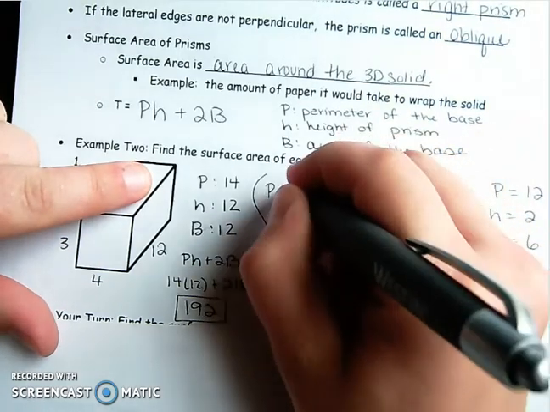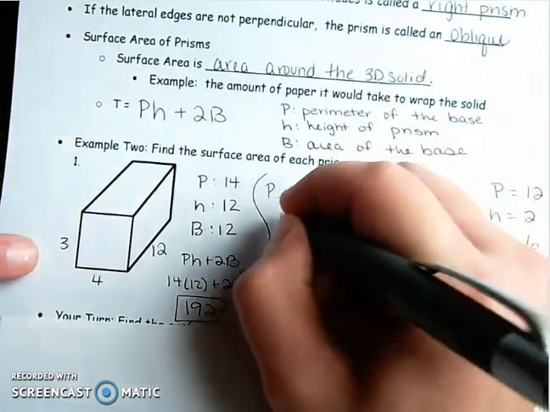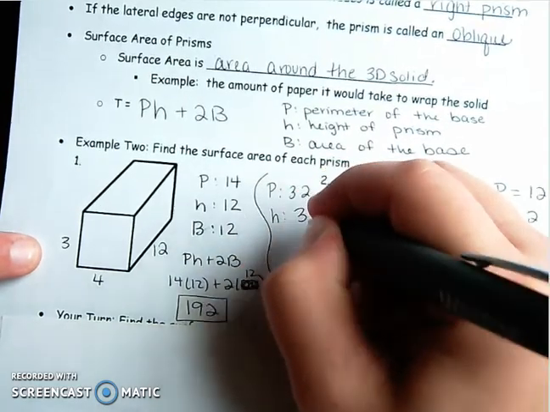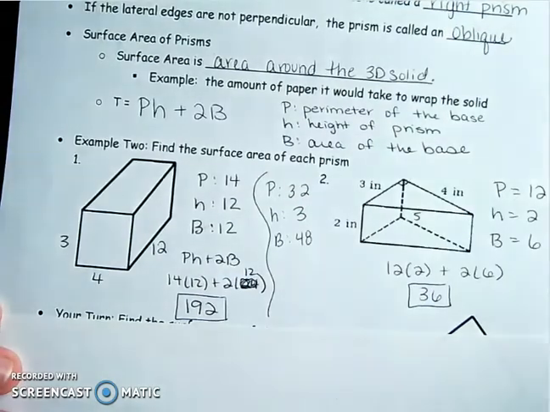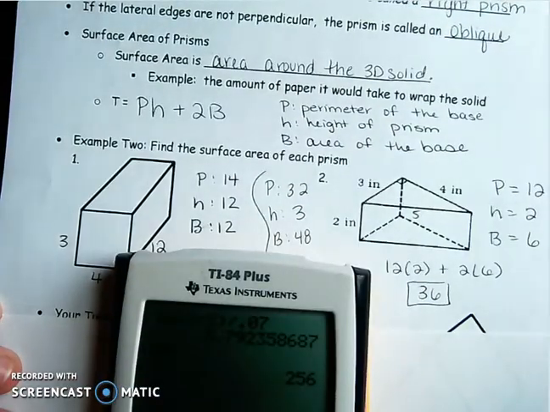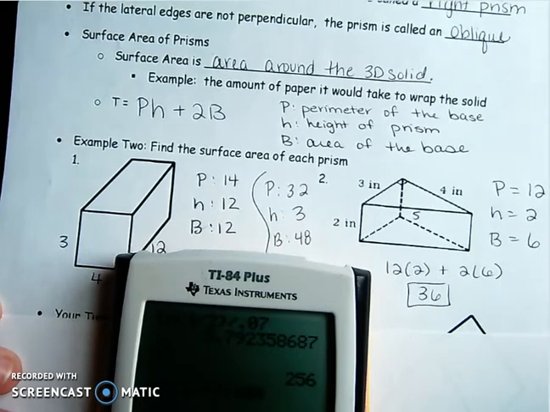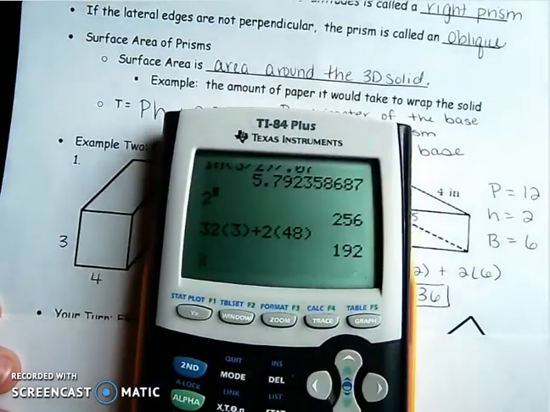So 24 plus 8 is 32. That would make my height now 3, and the area of my base 48. If I were to plug that into my formula, 32 times 3 plus 2 times 48, you still get 192.